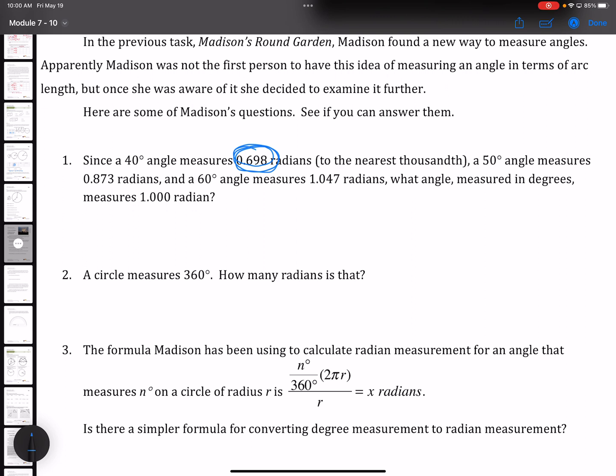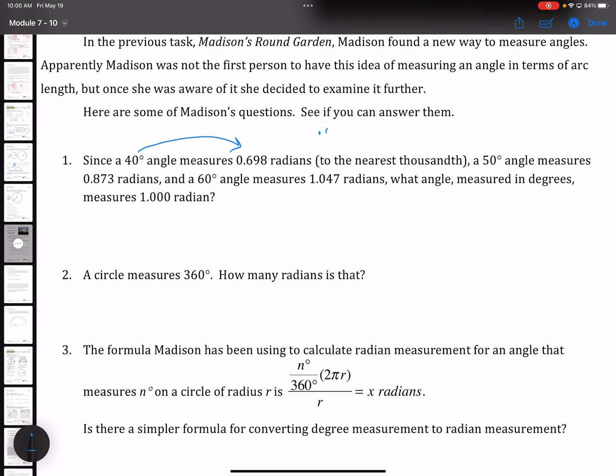So what happens if I were to divide 0.698 by 40? What do I get? 0.01745. Okay. How about if I multiply 40 by 0.0175, then that should give me 0.698, right?